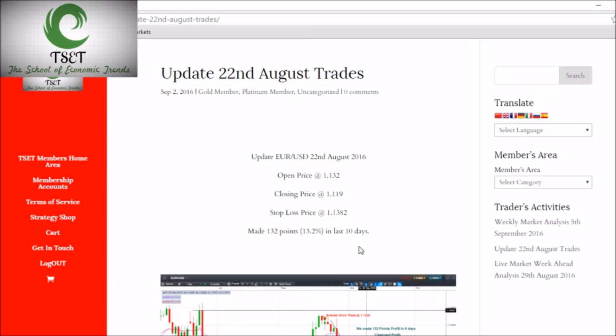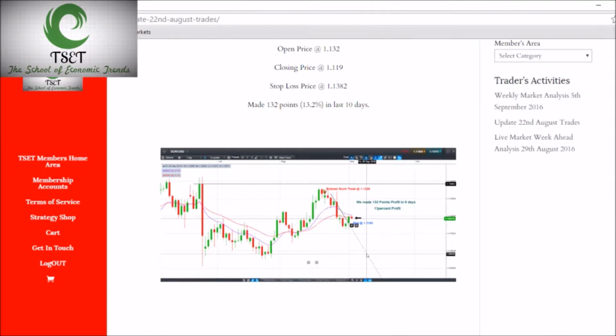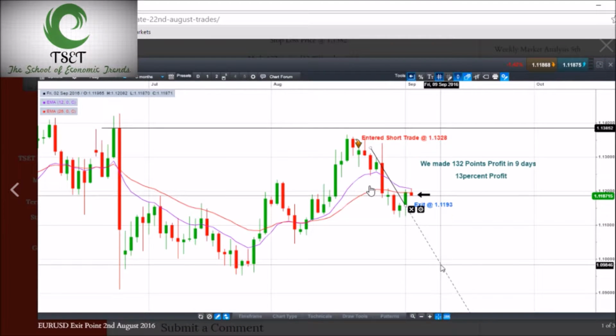Within 10 days we captured 132 points, roughly 13.2% profit. So there's the screenshot for that trade. We entered at that price, 132 points in 9 days, 13% profit, and we got out just there.